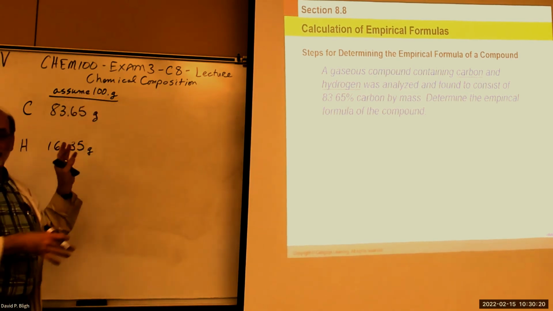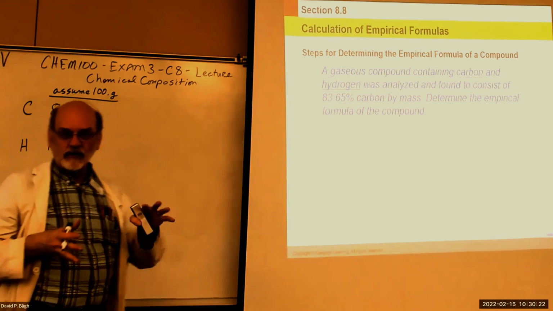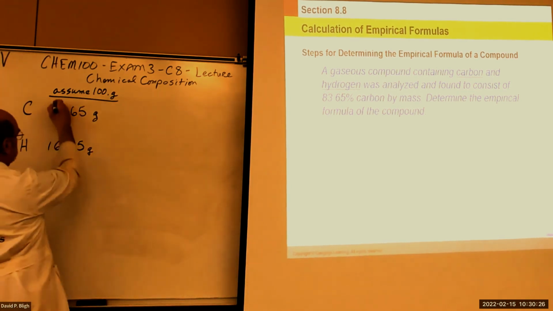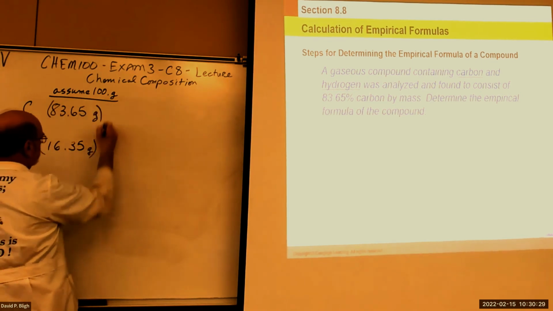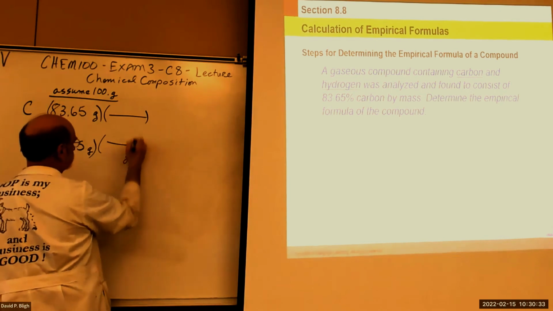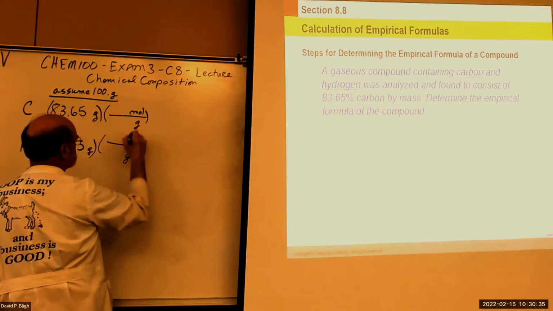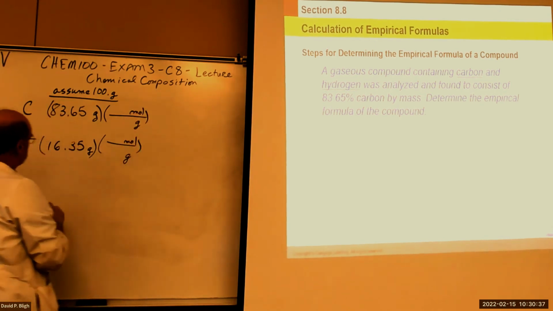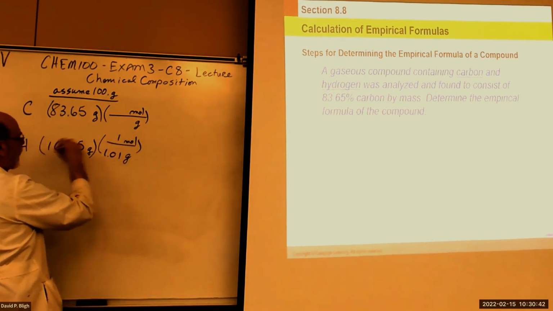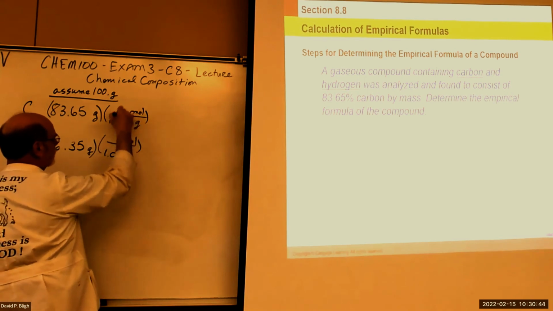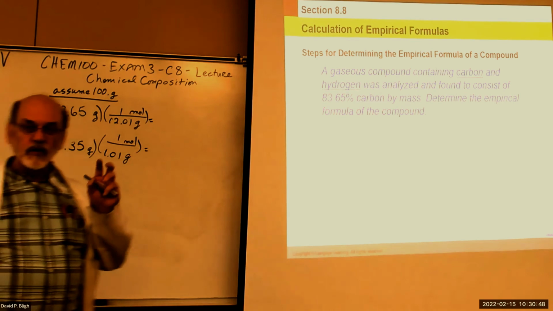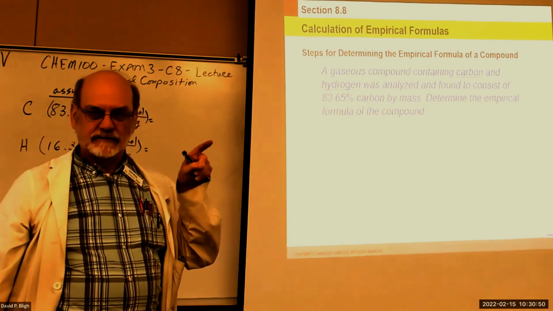Now that you've got mass, we can convert that to moles because we know the molar mass of carbon, we know the molar mass of hydrogen. Okay. Grams on the bottom, moles on the top. Hydrogen is 1.01. Look it up. Carbon is 12.01. Okay. This will give us the mole ratio in the compound.